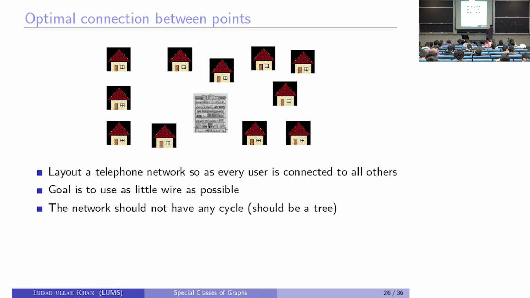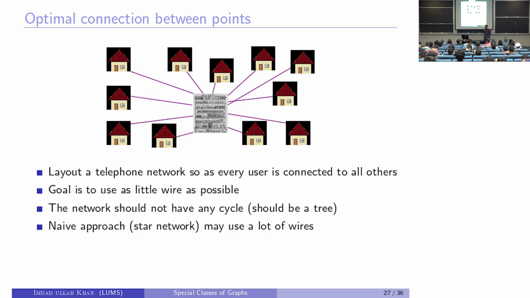It's a telephone network. Everybody should be able to call every other vertex, right? So in this graph I want it to be connected, but I don't need any redundancy, right? So I should make the graph actually a tree. I should not have any cycle.